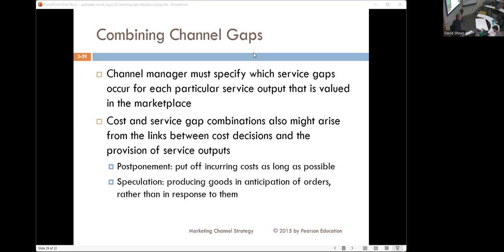I'll pay the bills that I absolutely must in order to move forward, but I will only incur those costs when I have to. The other is speculation, where I will produce goods fast in anticipation of orders rather than in response to them.